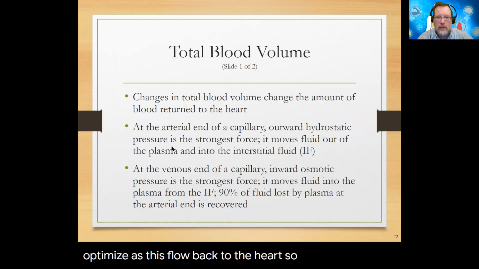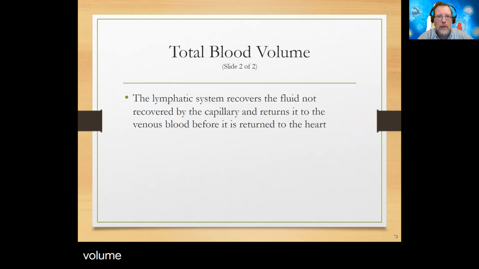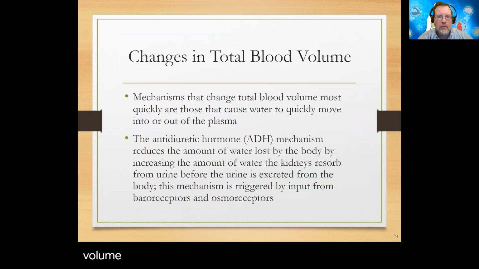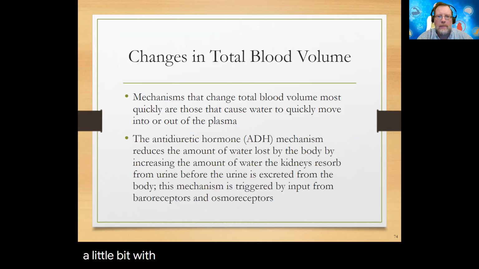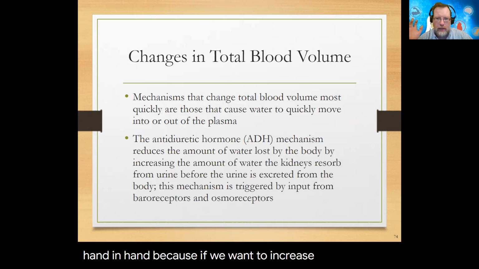Let's see, blood volume, hydrostatic pressure. Blood volume can be altered a little bit. Usually blood volume and viscosity go hand in hand, because if we want to increase blood volume, oftentimes it has to do with moving ions into or out of the bloodstream.